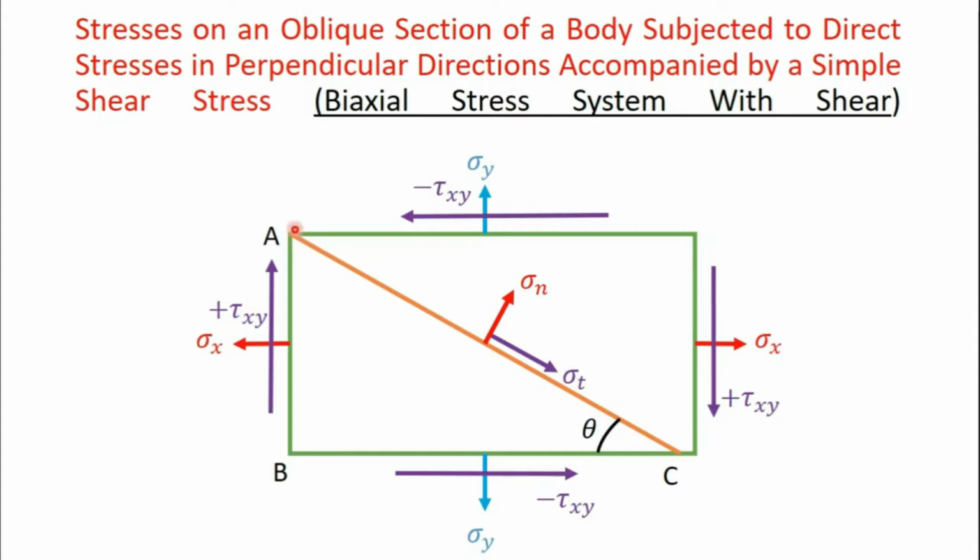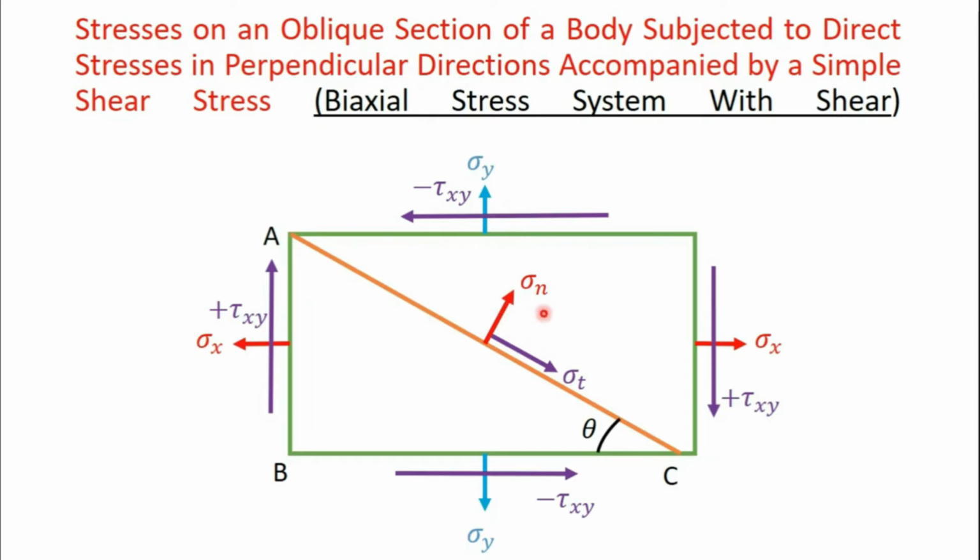Now we have taken an arbitrary plane at an angle theta measured from side BC on the x-axis in the clockwise direction, and on this arbitrary plane we have considered two stresses, sigma n and sigma t. Since we do not know what type of stresses are present, we assume that two stresses sigma n and sigma t are present, and we make the equation accordingly.